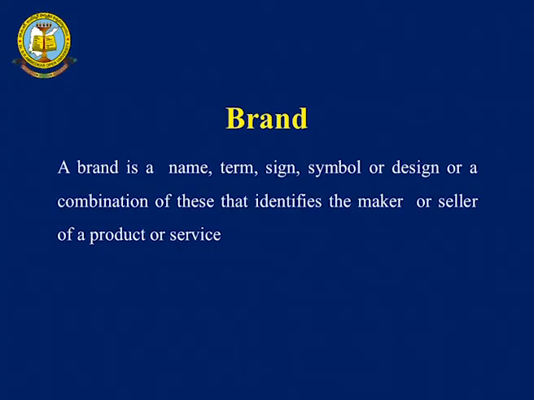In simple terms, my dear students, now let us try to understand what a brand is. A brand is a name, term, sign, symbol or a design, or a combination of these, that identifies the maker or seller of a product or service.